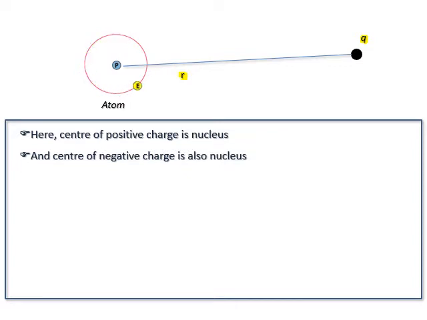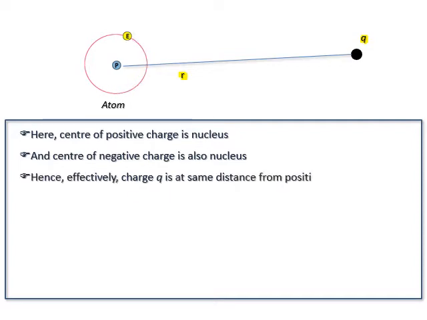The center of negative charge is also the nucleus because electrons are moving around the nucleus. Thus, for q, when you consider the force due to positive charge, the distance is r. When you consider the force due to negative charge, the distance is also r. So the distances of positive and negative charges are both the same for our charge q, and hence whatever is the force of the positive charge on q, the same is the force of the negative charge on q, but in the opposite direction.